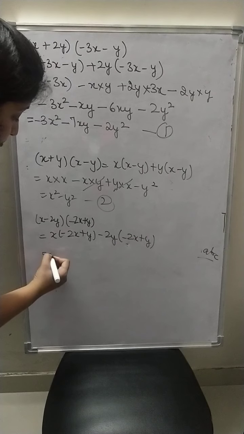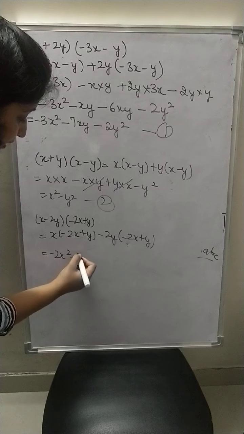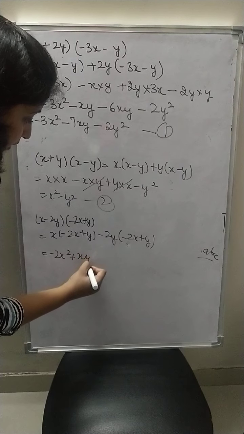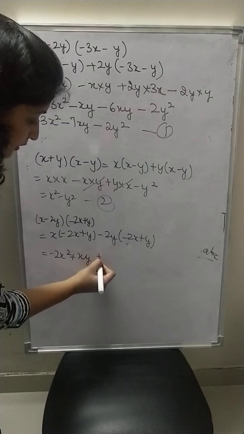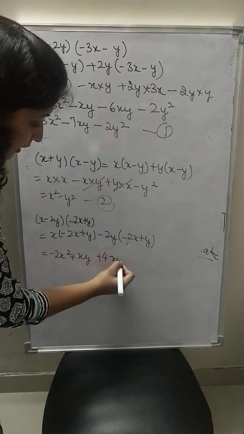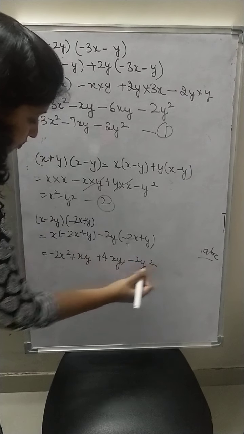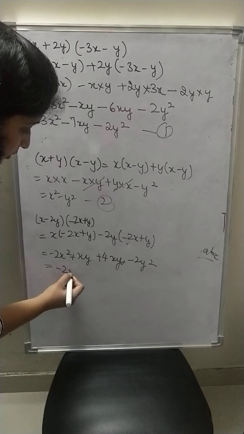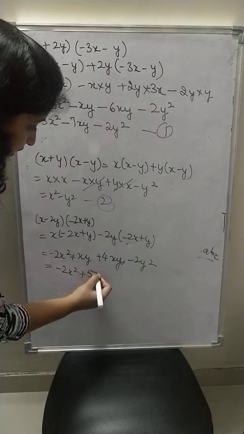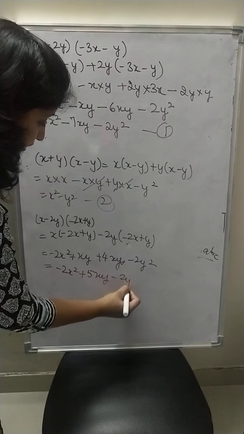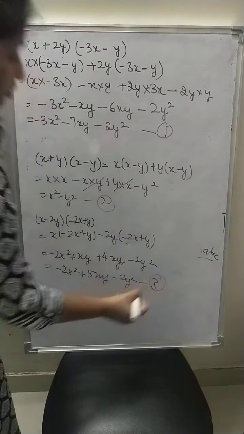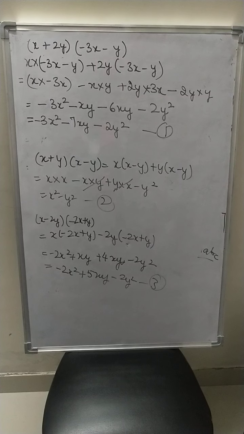So I get minus 2x square, directly I am writing plus xy, and minus into minus will give a plus 4xy and minus 2y square. So I get minus 2x square plus 5xy minus 2y square, and I take this to be equation number 3.